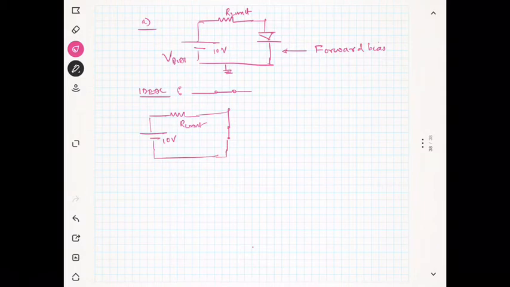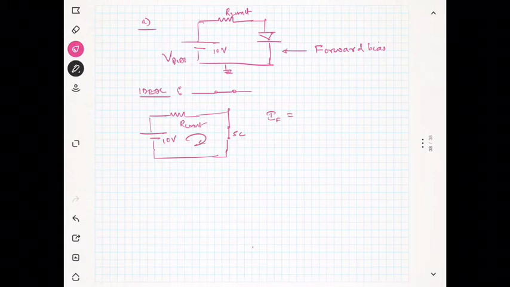So I can say that the forward current IF is nothing but V bias, that means 10 volt divided by R limit, and R limit is given as 1 kilo ohm, so you will get it as 10 milliampere.